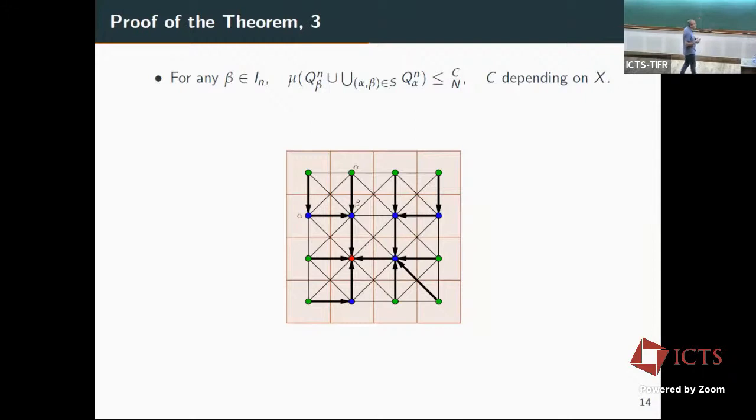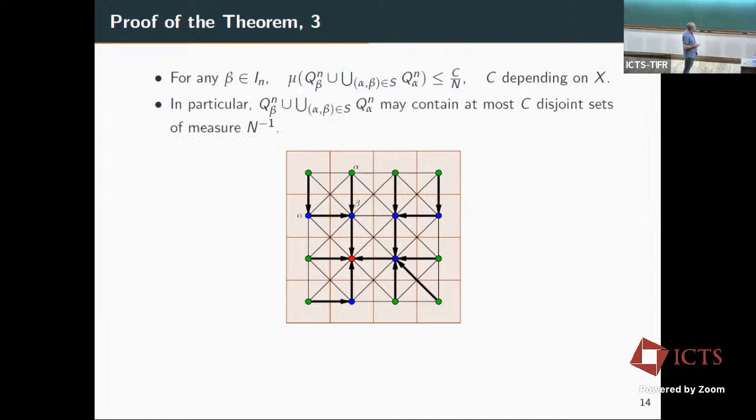So that volume is controlled by a constant C over n, and that C doesn't depend on anything except the space. So in particular, in the union of all these cubes, at most C disjoint sets of measure 1 over n can fit, of course, because the volume is smaller than C over n. So this is the biggest number of regions that can fit here.